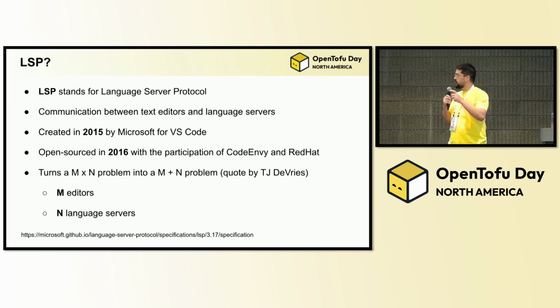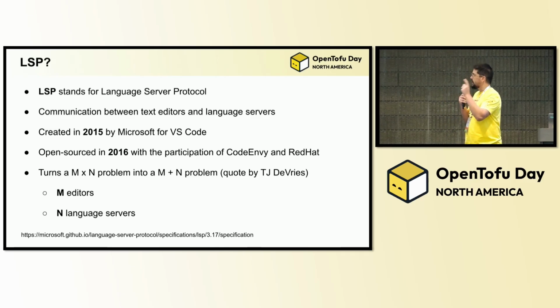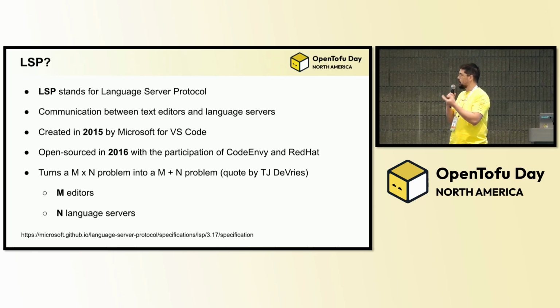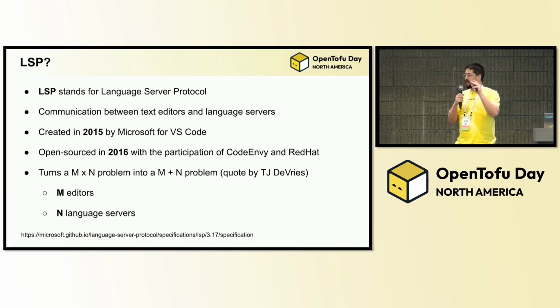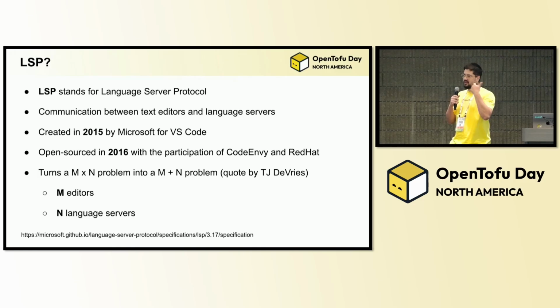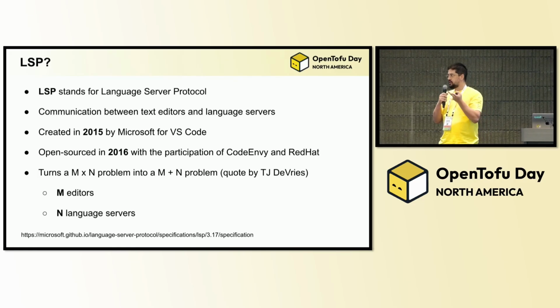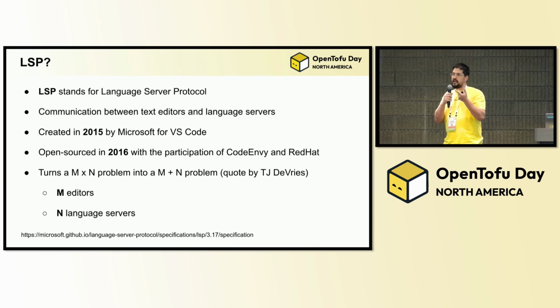He was saying, okay, LSP turns an n multiplied by m problem into an m plus n problem. So what does that mean? Let's say you have m editors, so VS Code, Kate, and Neovim, and you have n language servers, Python, Ruby, and OpenTofu.